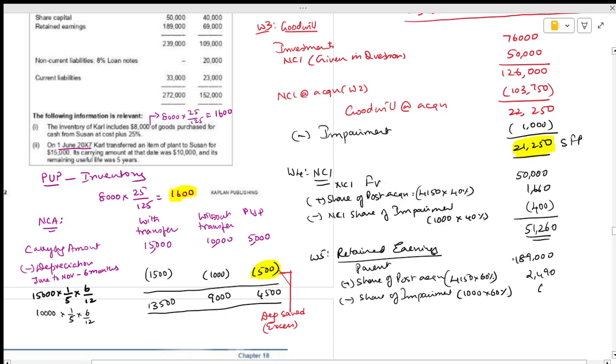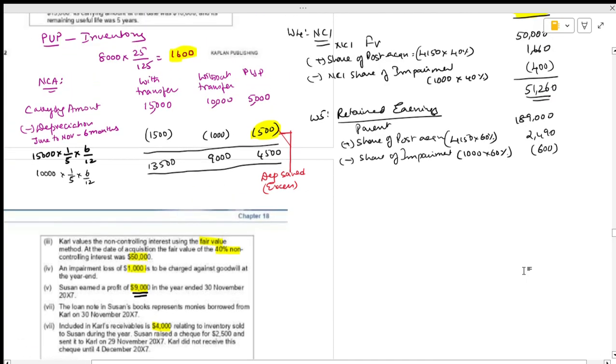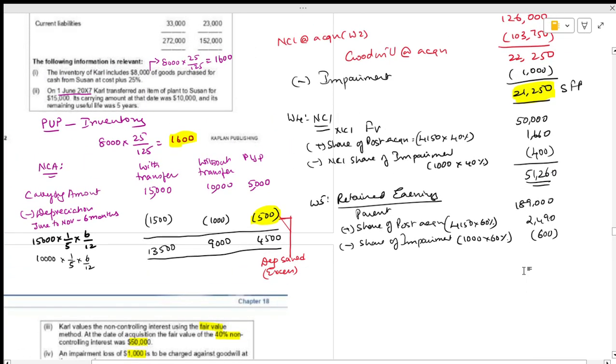Now, who is selling machinery to whom? Carl transferred an item of plant to Sawson for 15,000. So the parent company's carrying amount is how much? 10,000.